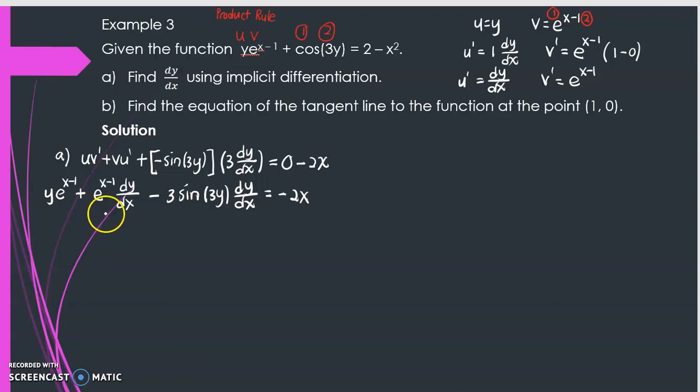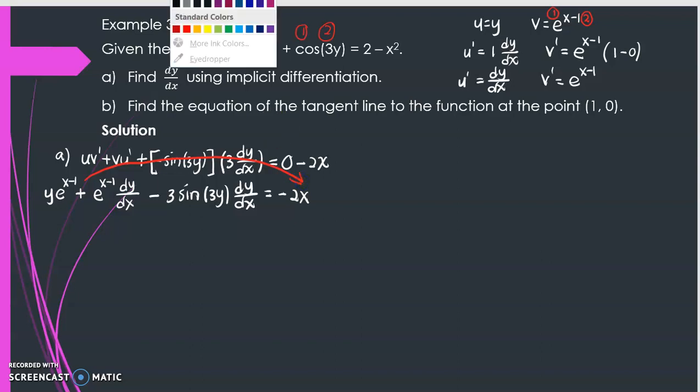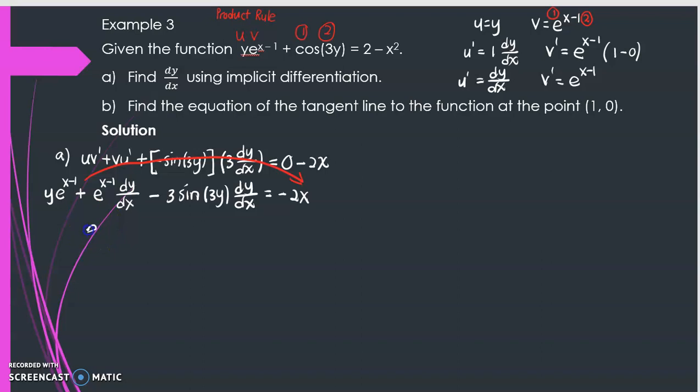So next step, I will put the dy/dx together. That means I will move y e to the power of x minus 1 to the right hand side. So from here, e to the power of x minus 1 dy/dx minus 3 sin 3y dy/dx will be equal to negative 2x minus y e to the power of x minus 1.